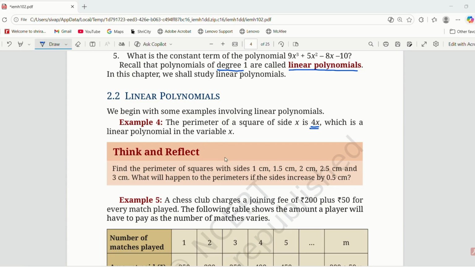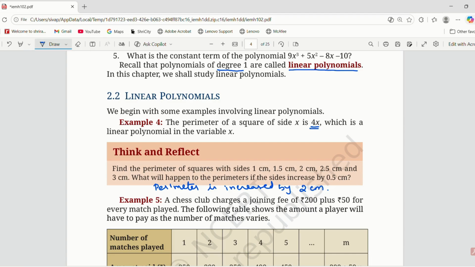So this is the final result that they are asking. So here it is clear. The question is what will happen to the perimeter if the sides are increased by 0.5 centimeter, and the answer is the perimeter is increased by 2 centimeter. So this is our answer for this particular problem.